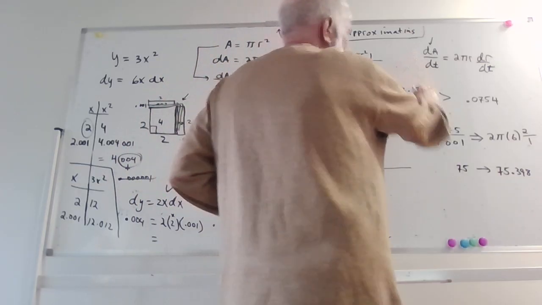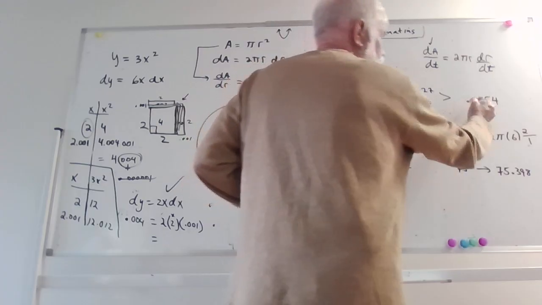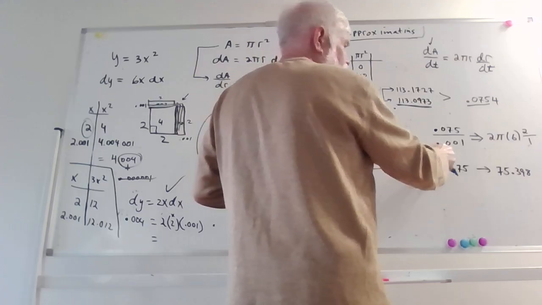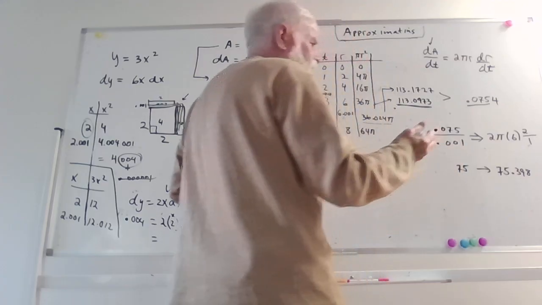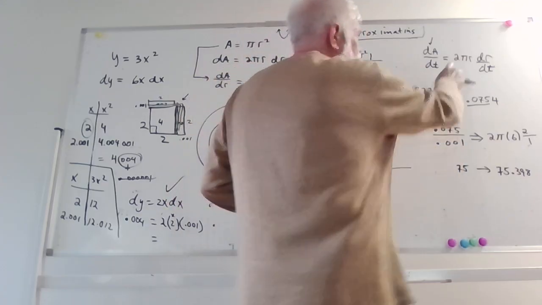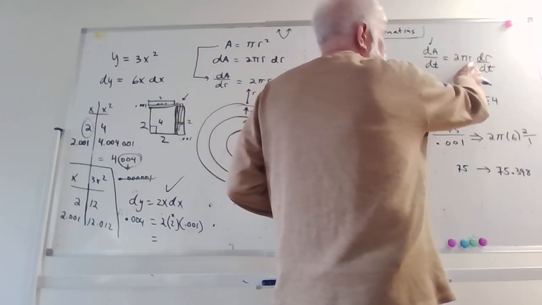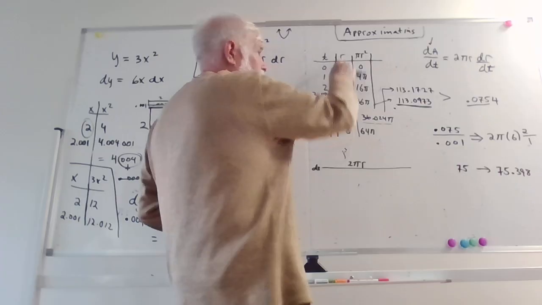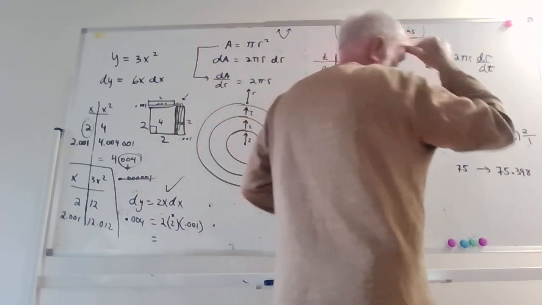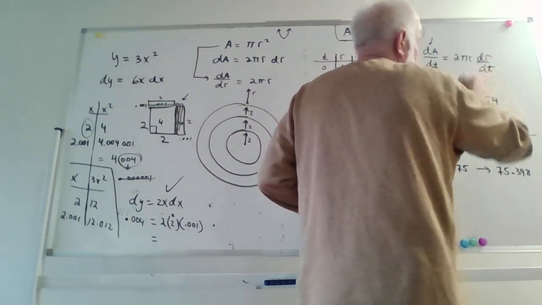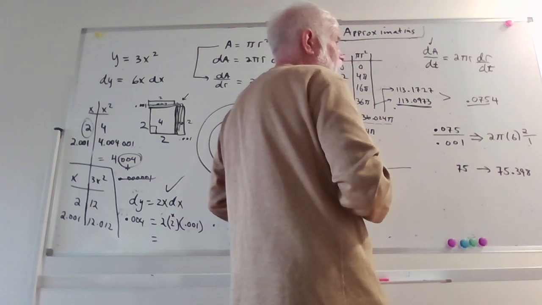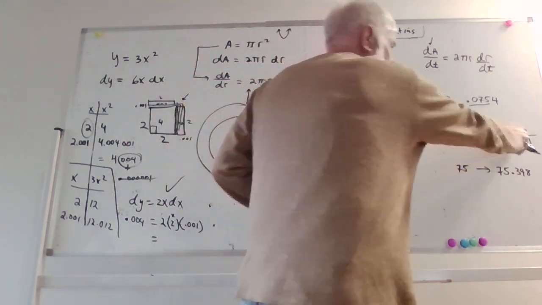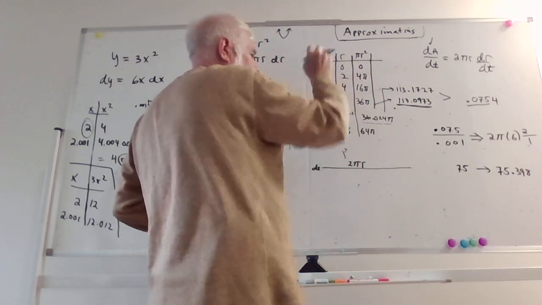Oh yeah, so the change in area, I just did the first 3 decimal places. This is a rough estimate, and I divided it by the change in time, 0.001. And I wanted to see if that actually came out to 2 times π times the radius, which was 6. And dr/dt is 2 to 1. So it's a 2 to 1 ratio. My radius to time is 2 to 1.